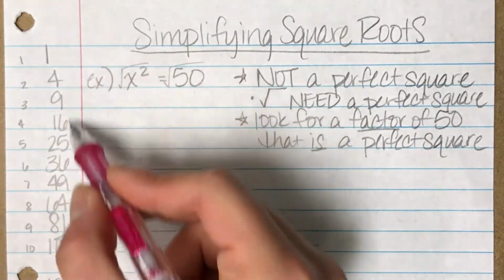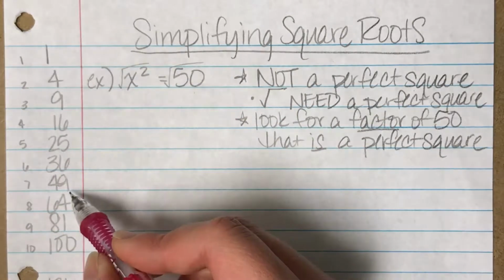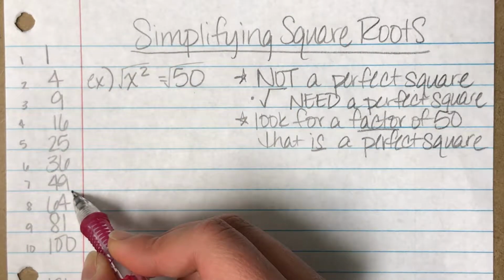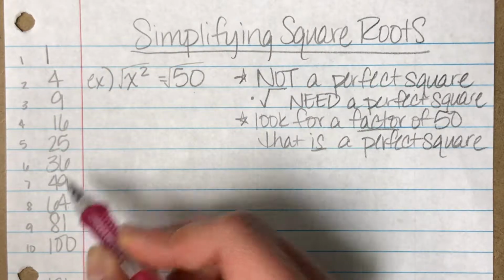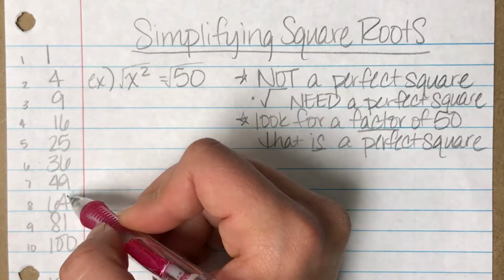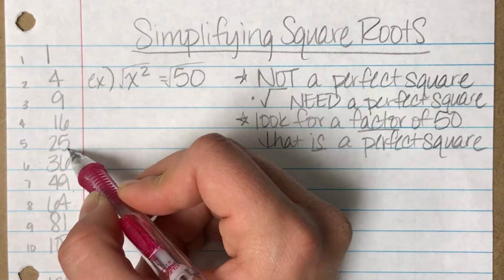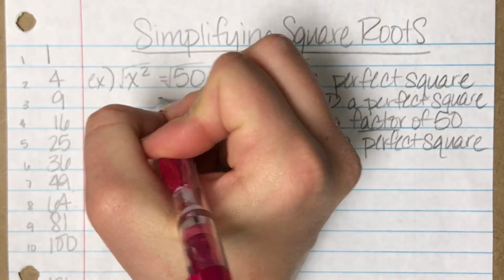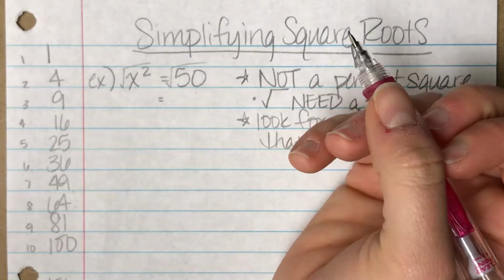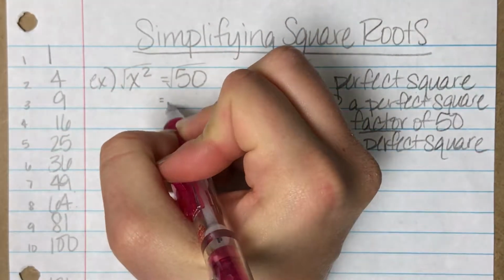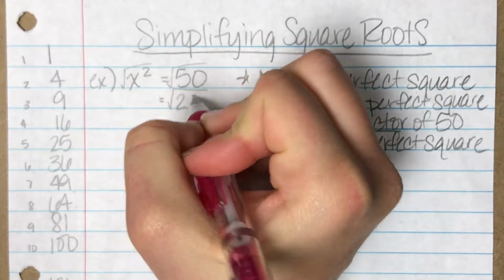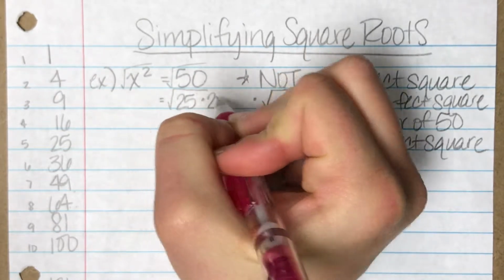So I scanned my list of perfect squares, and I know it's not going to be anything above 49, because 64 doesn't multiply into 50. I notice that 25 is the highest number that I've got, and I'll talk about that highest number situation in a minute. But 50 will break into 25 times 2.